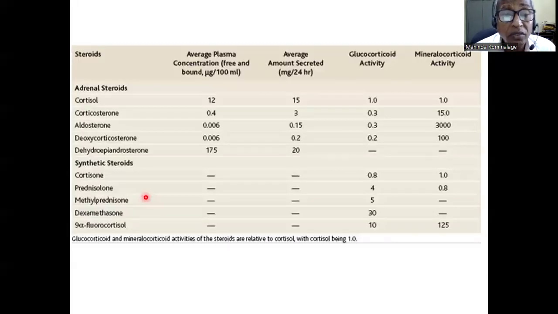Right. So these are the list of substances produced by adrenal cortex. As an example, we have cortisol.